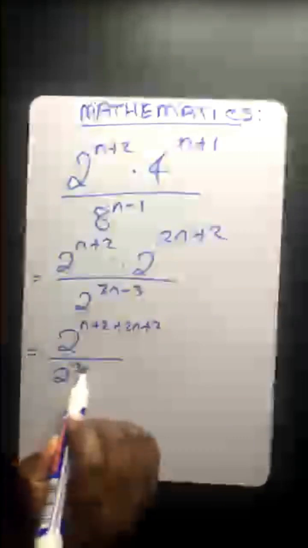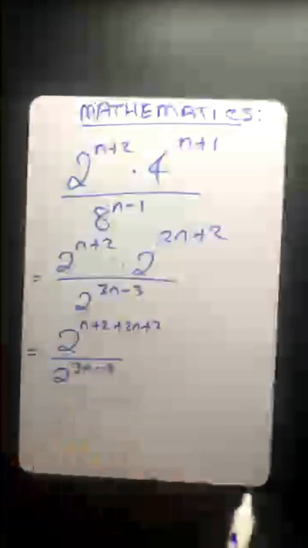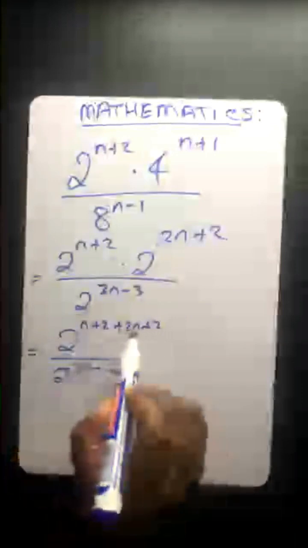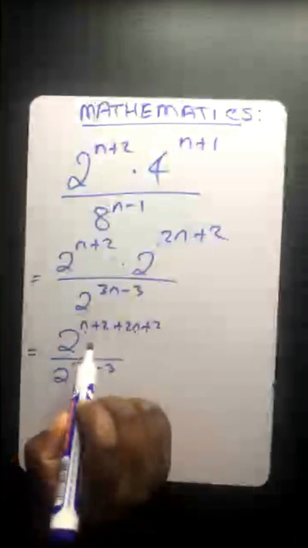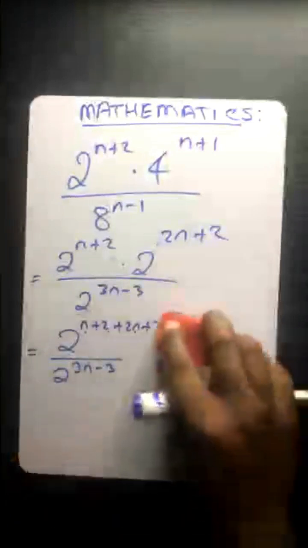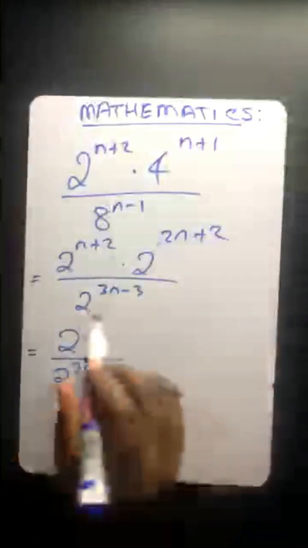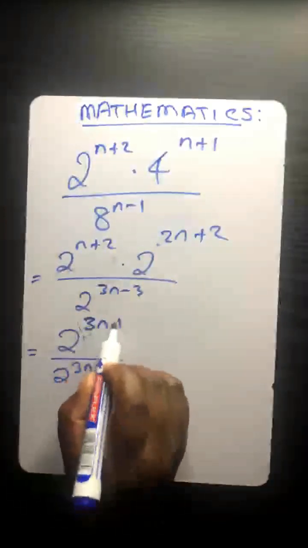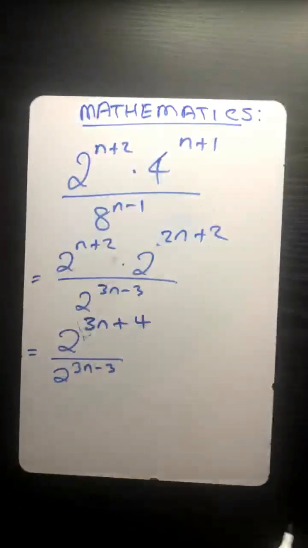It doesn't matter which way you work it out. Then you work out all of that, which is that plus that is 3 and that plus that is 4. So you actually have 3n plus 4. I hope I've done it correctly.